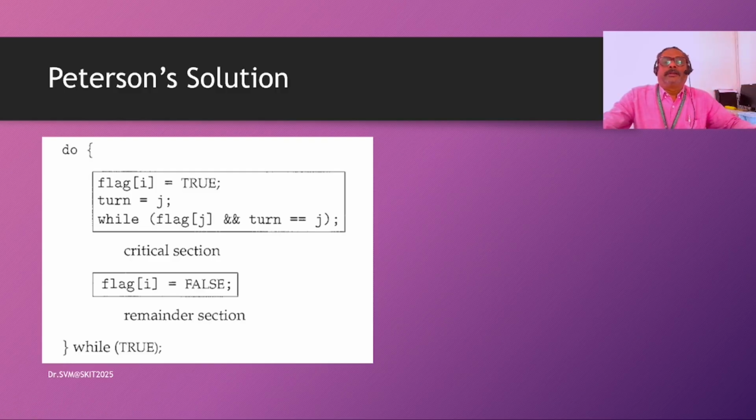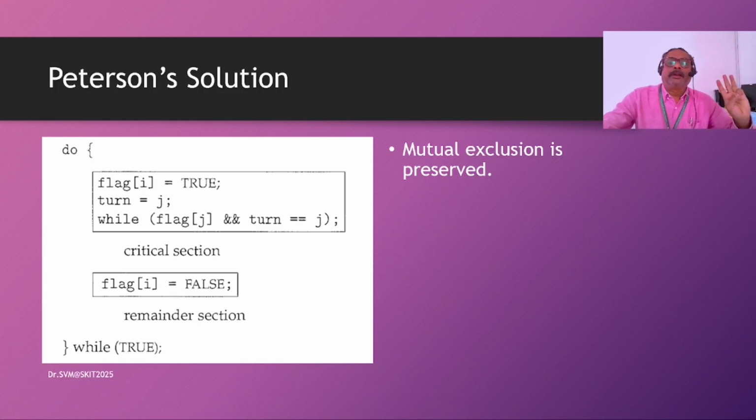So how is the Peterson solution working? The three conditions, if you remember, that are to be satisfied for a critical section. Number one, mutual exclusion. Yes, because of this, either process I will be in the critical section or process J will be in the critical section, they cannot be both together, because turn can be either I or J, it cannot be both.